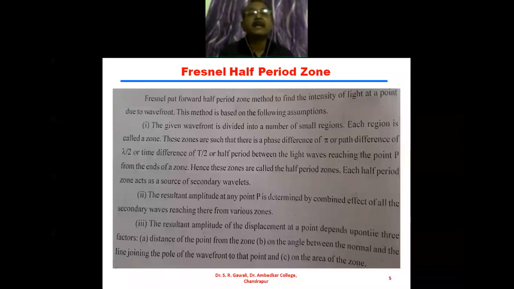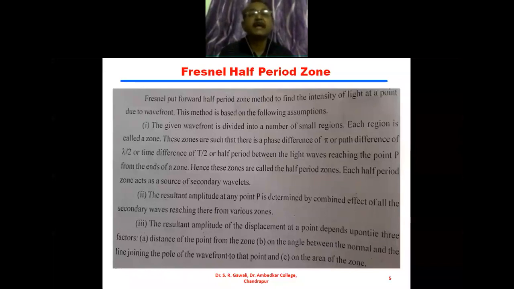This is one particular method to find the intensity at a point due to the wavefront. This method is based on three assumptions of the Fresnel half period zone method.